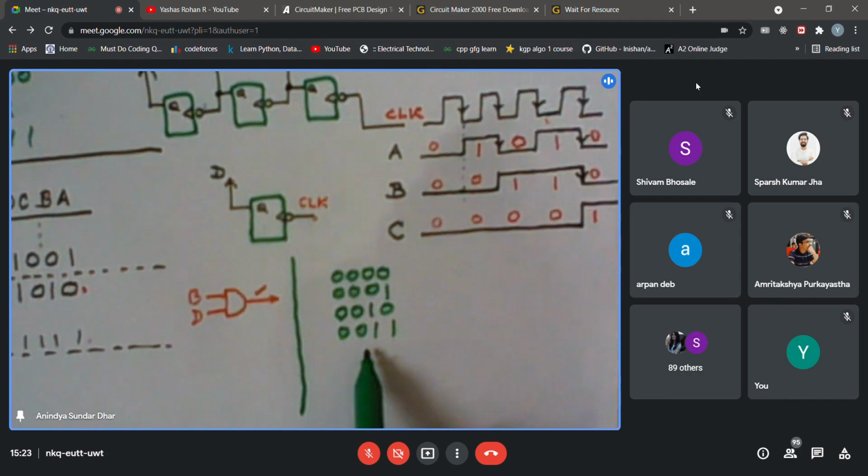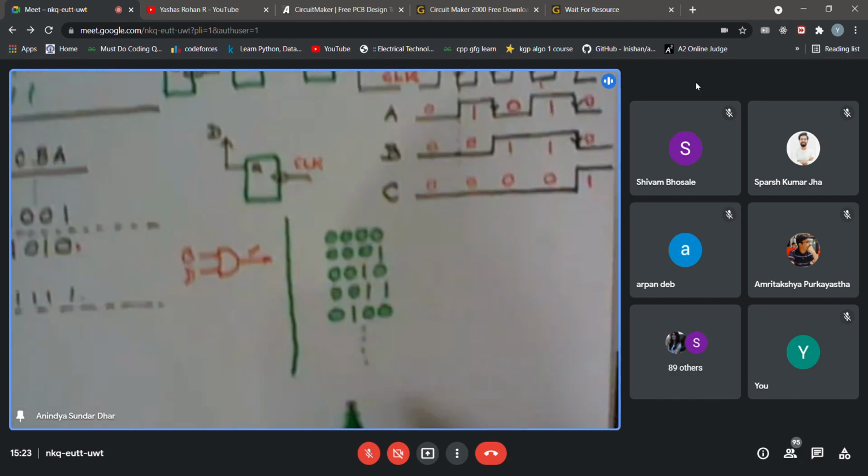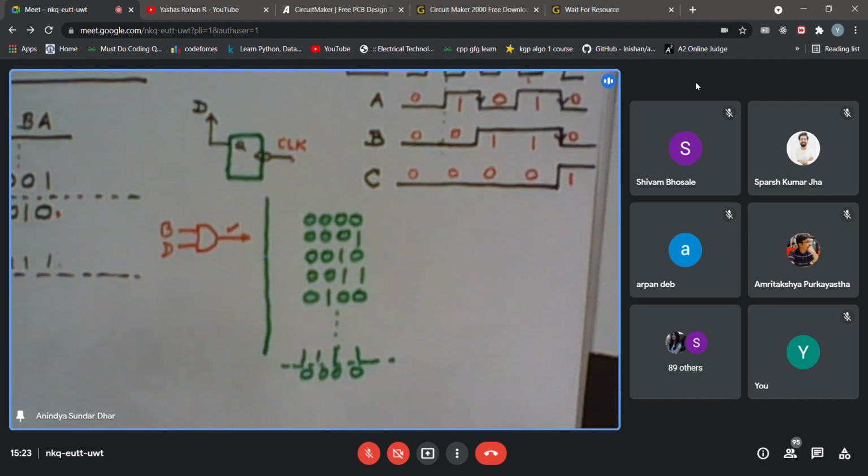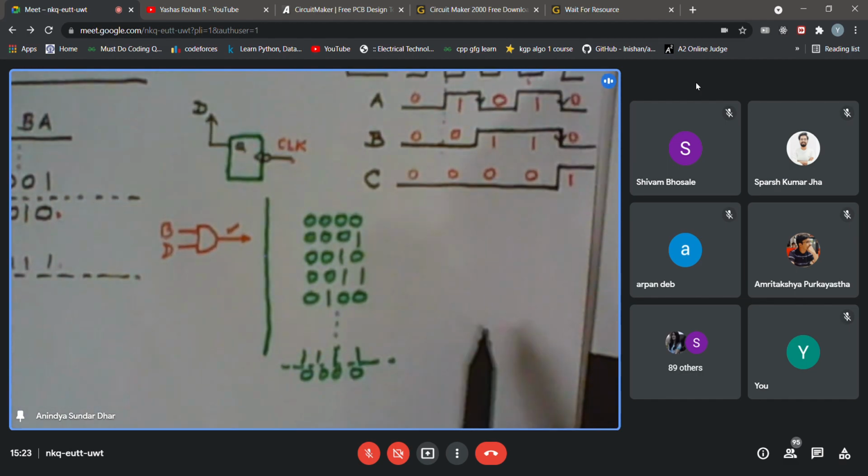After some time it will reach 1111, and then once again it will go to 0000. Suppose I want to trigger some event periodically, whenever the counter reaches 0000.